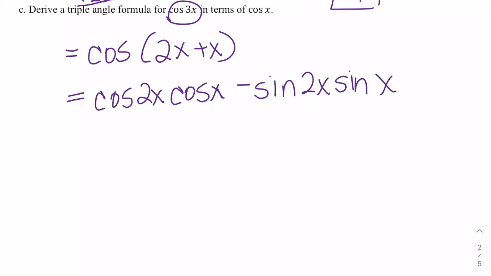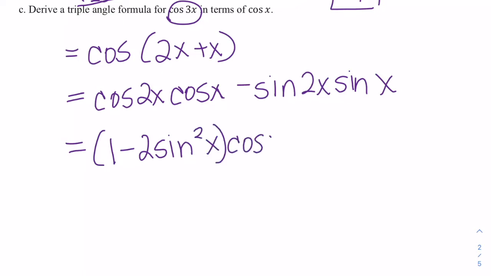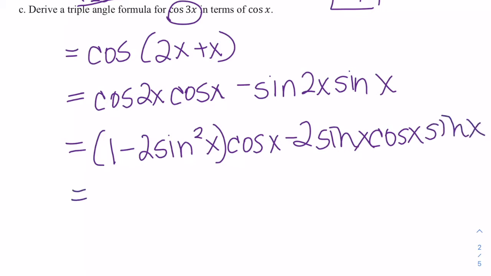And now we can substitute in those double angles. So cosine of 2x is 1 minus 2 times sine squared, and sine of 2x is 2 times the sine of x cosine of x, and we still have that sine of x.